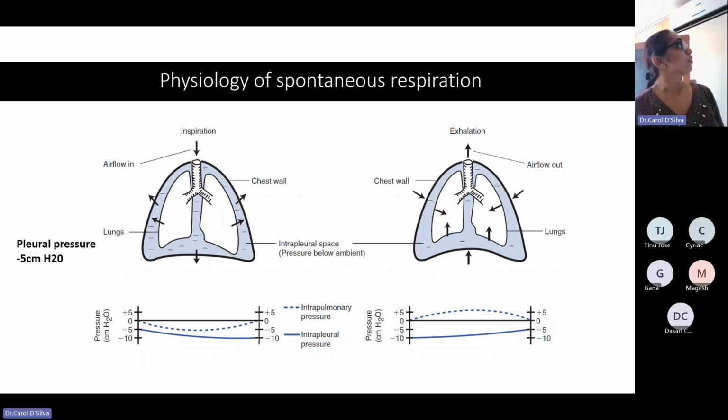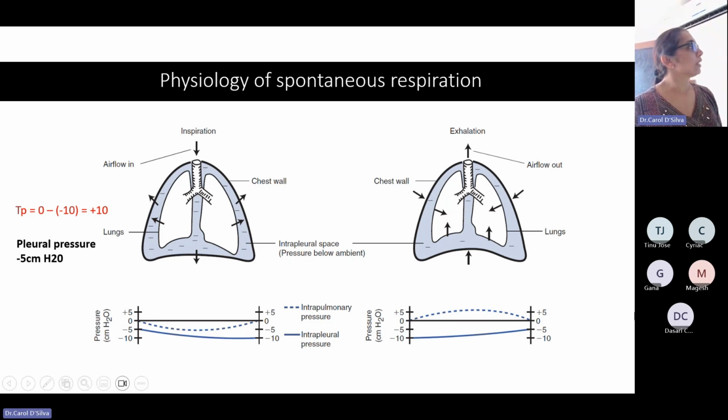So, physiology of spontaneous respiration, what is happening over here? Normally the pleural pressure is negative, which is -5. At the end of inspiration, because of the descent of the diaphragm, this becomes more negative, -10. So 0 minus of -10, that's +10. The distending pressure, the transpulmonary pressure, is becoming more positive, and there is a movement of air from the mouth all the way into the alveolus.